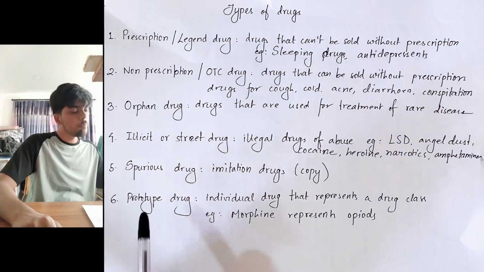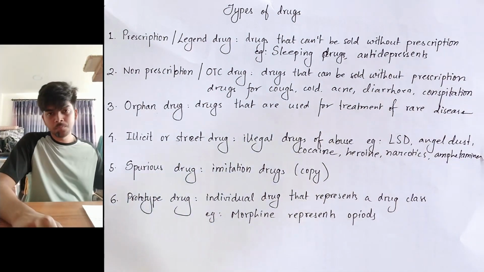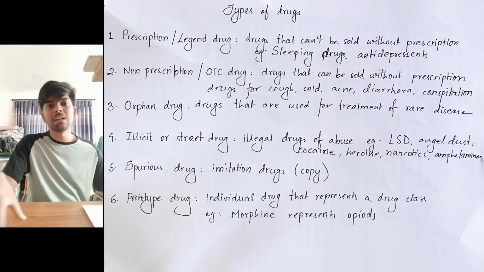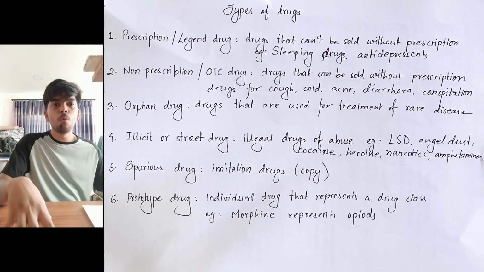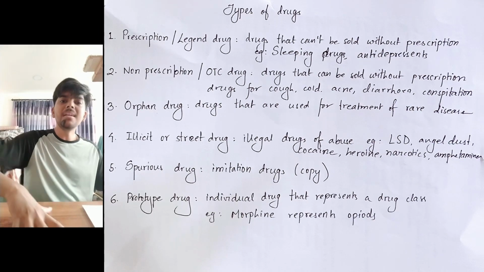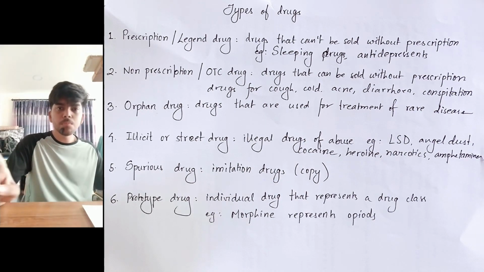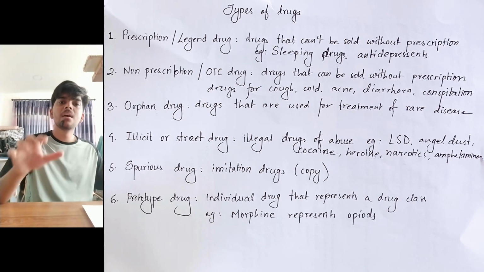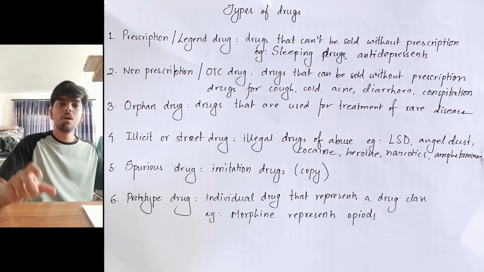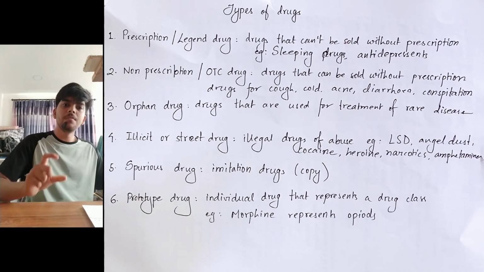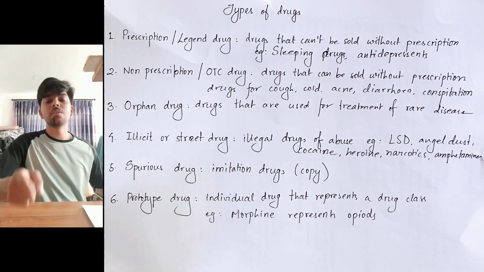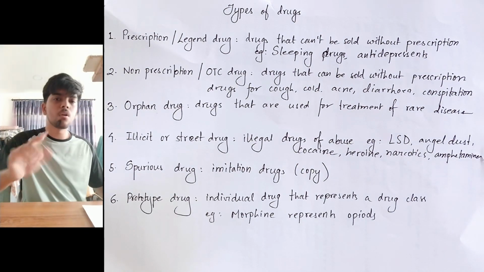Okay. Next, prototype drug. There are various drug classes. For example, opioids. Under opioids, you can find multiple drugs. One drug among all those multiple drugs represents them all. For example, under opioids, morphine represents the characteristics of all the drugs that come under opioids.